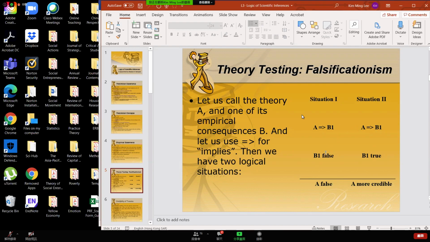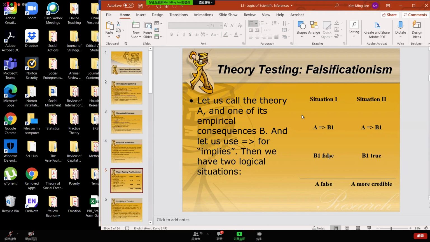But in situation 1, we find out that B1 is false. For example, we discover that no matter how many years one's father has studied, this doesn't affect the number of years the respondent has in school. Okay, so that means B1 is false.